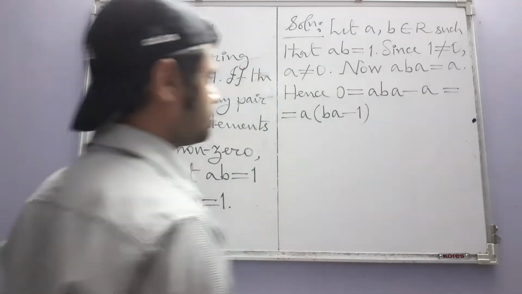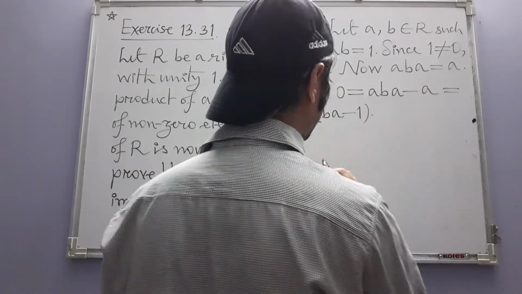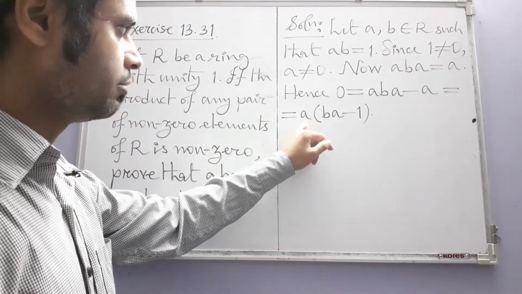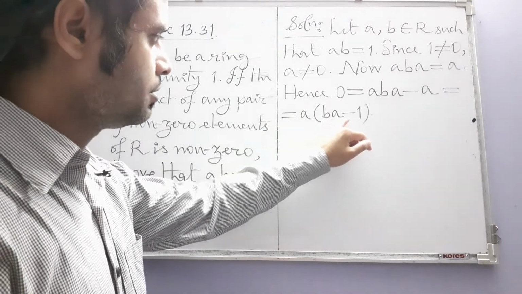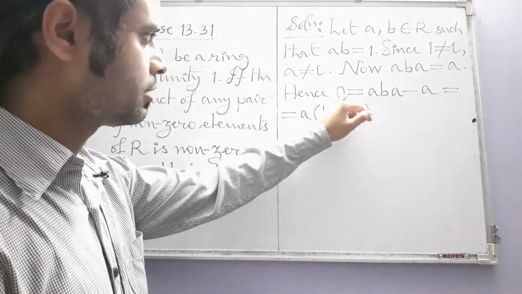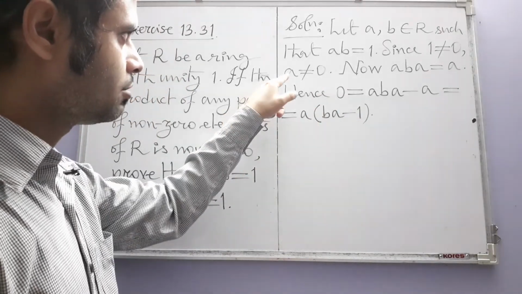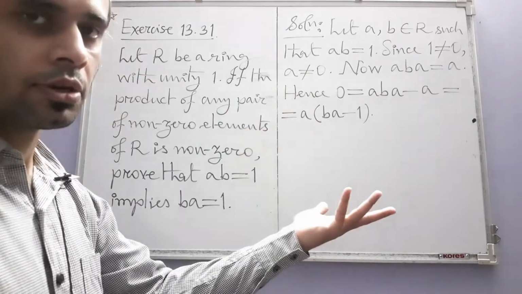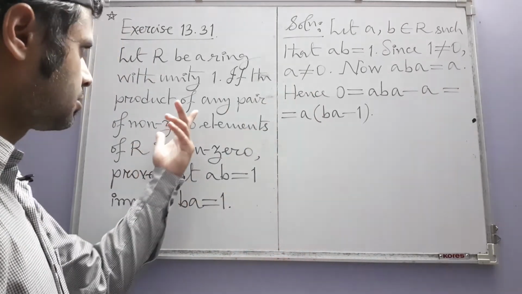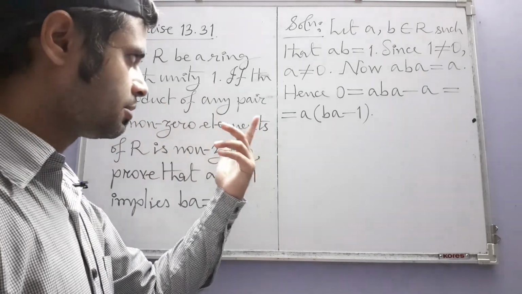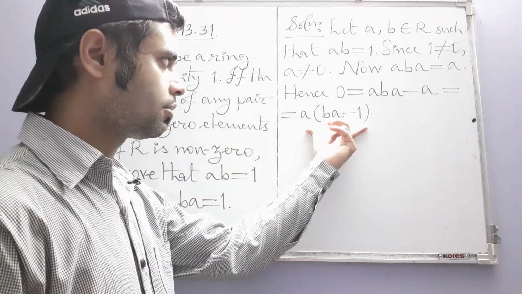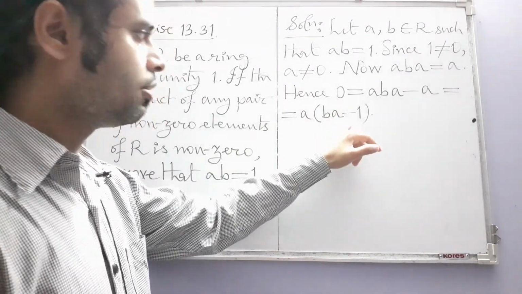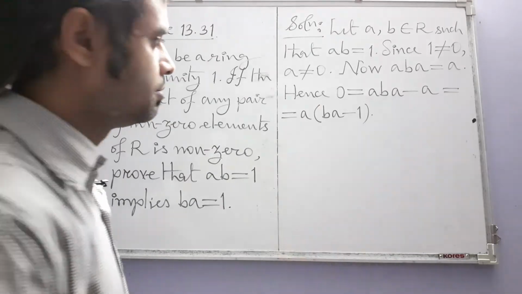Note that you have a product of two elements in the ring, one of them is A and the other is BA minus 1, and that product is equal to 0, and it's already given that A is non-zero. Now if BA minus 1 also is non-zero, then by our hypothesis that the product of a pair of non-zero elements is non-zero, this should have been non-zero. However, it is not. So that means this cannot be non-zero, it has to be equal to 0.